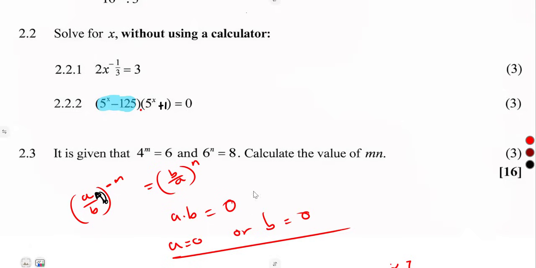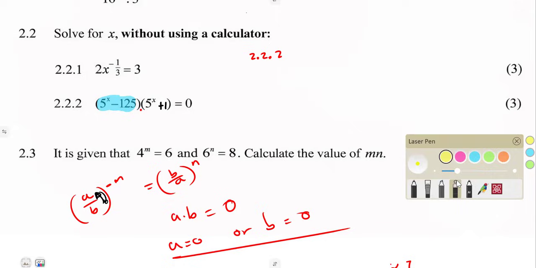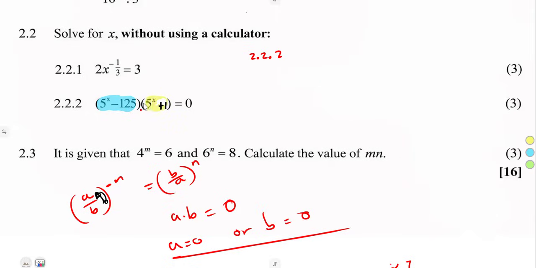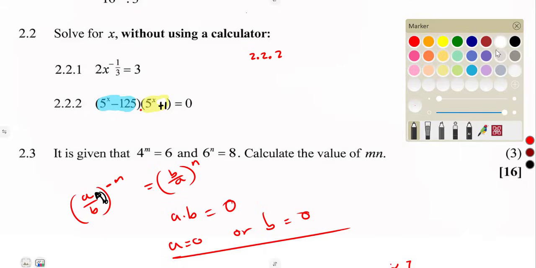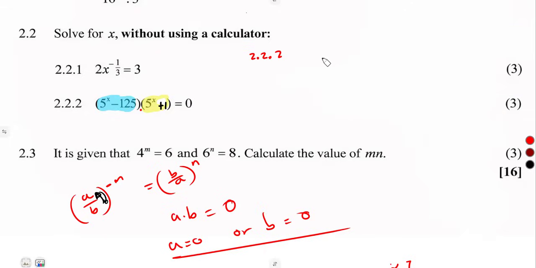So from this concept, guys, I was simply going to apply it to say one of these must be equal to 0. So it is either the first bracket where we have 5 to the exponent of x minus 125 equal to 0, or 5 to the exponent of x plus 1 is equal to 0.